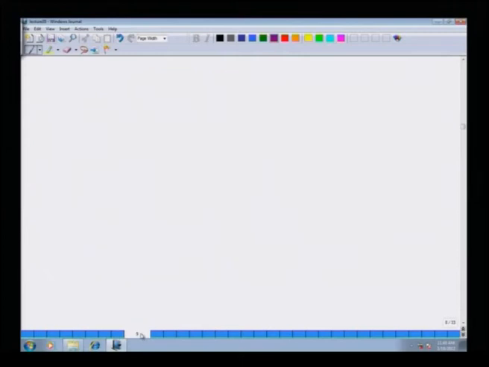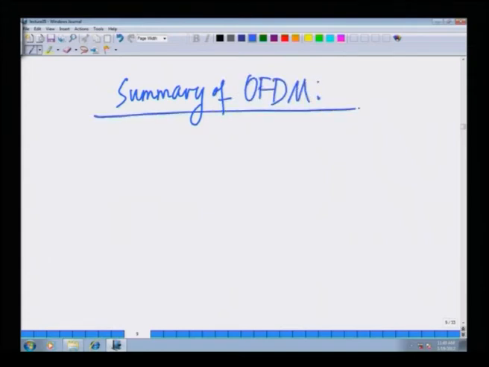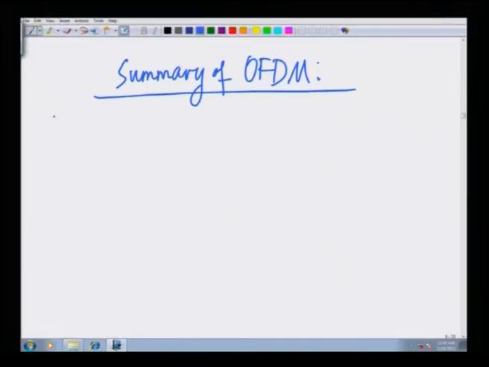Hence, let us now summarize the different modules that we have seen in OFDM. So, now let us look at the summary of the OFDM modules, that is summary of what we have seen in OFDM so far.